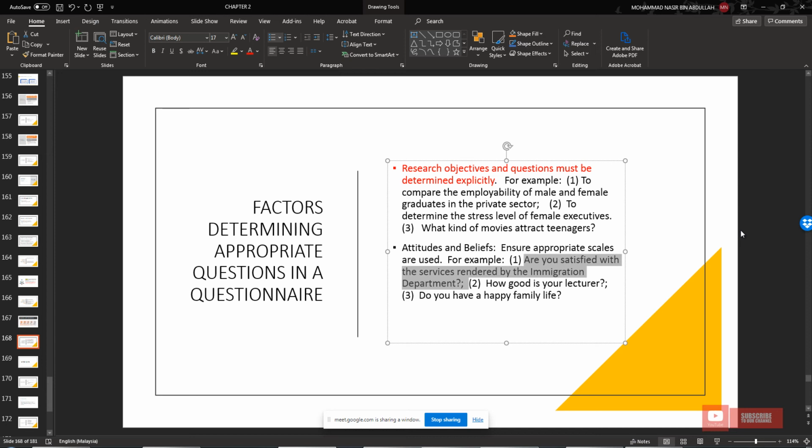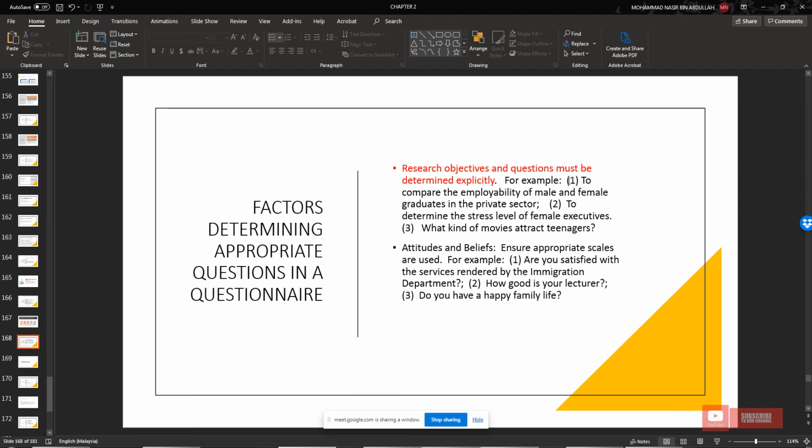So this is the scale of measurement that you need to consider, right? And make sure in each section you have many items, and all items have the same scale for your ease of analysis. If you have one item asking with a Likert scale, and a second item asking yes or no, then you will have trouble when you want to do analysis, right? So make a proper plan for your analysis.